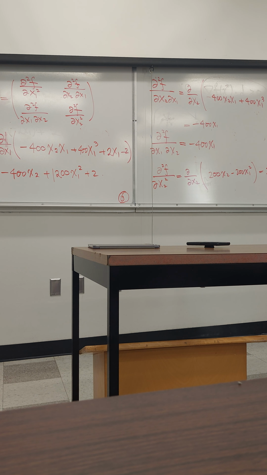We plug in the first one here, it's minus 400 plus 1200, then plus 2. So we have 802. And the last component is already 200. And this is minus 400.